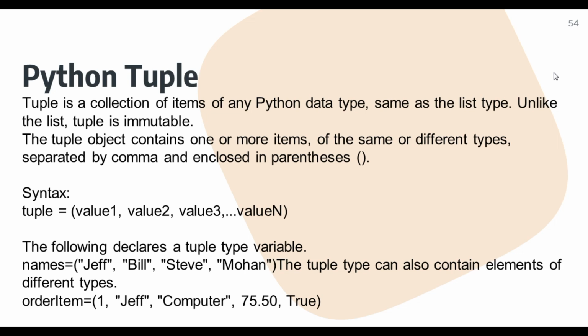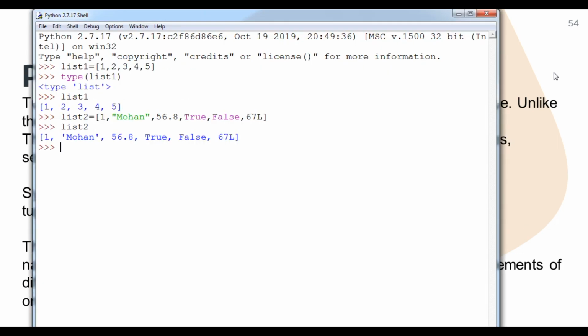For example, here in this example, list2 of 0th element, I will show you, it will show me 1. If I am going to change its value, here I am going to change its first value to 100.